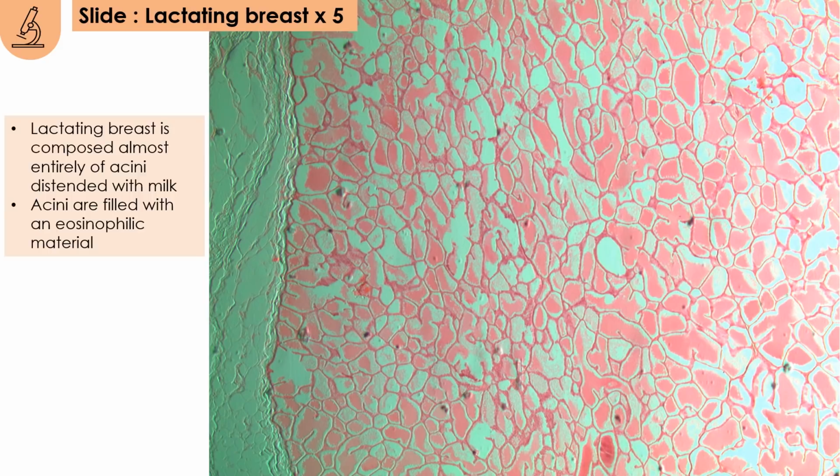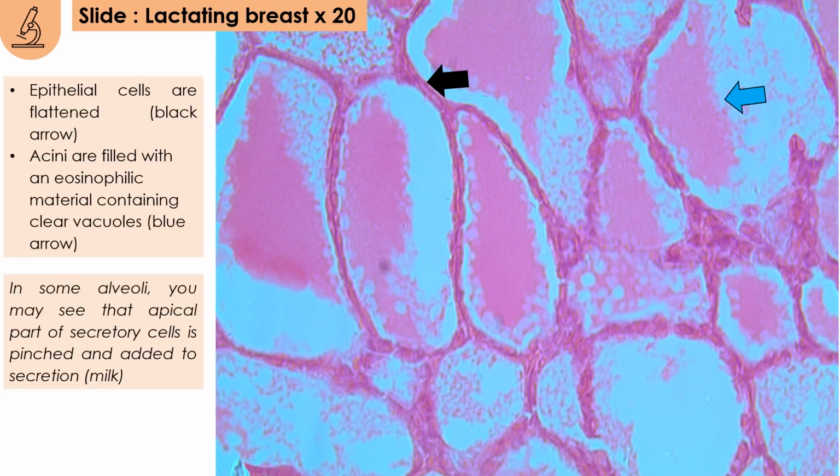So let's focus on this part under higher magnification. You can appreciate one acinus here, another acinus, another acinus here. And you can see the epithelium of the acinus here is flat, because it's in active phase.